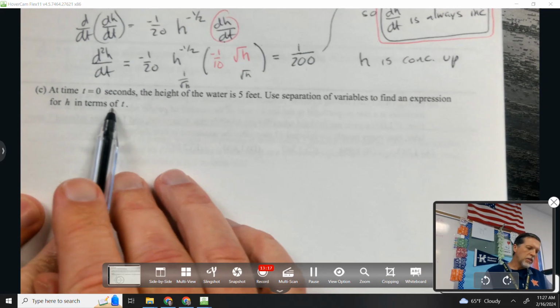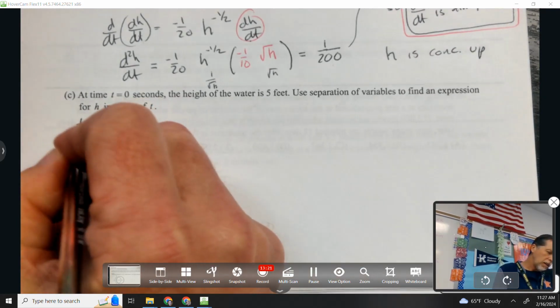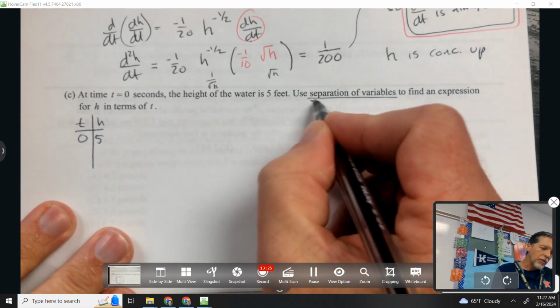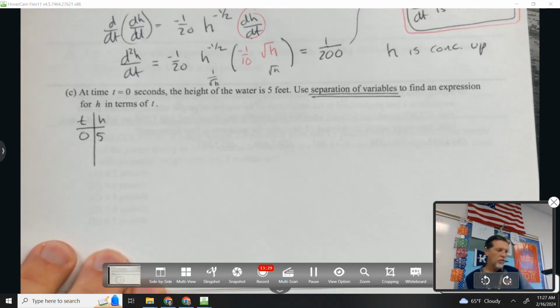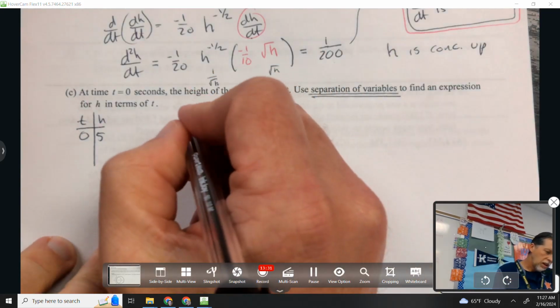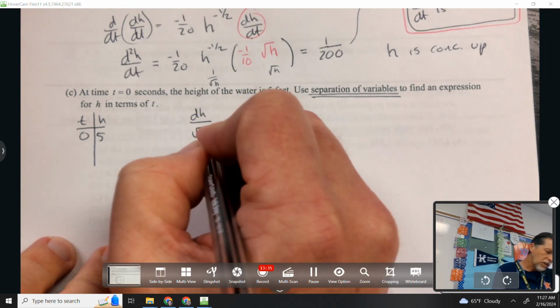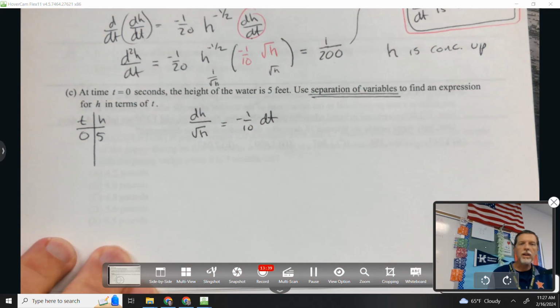At time equals 0, the height of the water is 5 feet. Use separation of variables, so it's even kind of giving you a hint on what to do, to find an expression for h in terms of t. So dH over square root of h equals negative 1/10 dt.